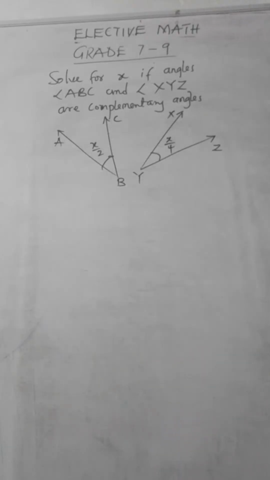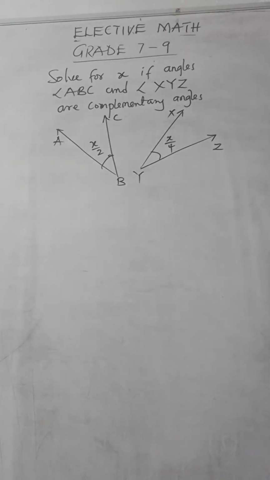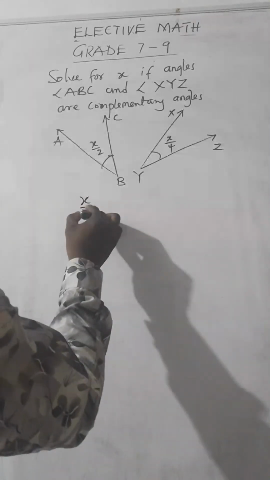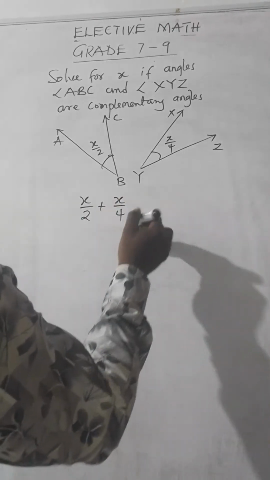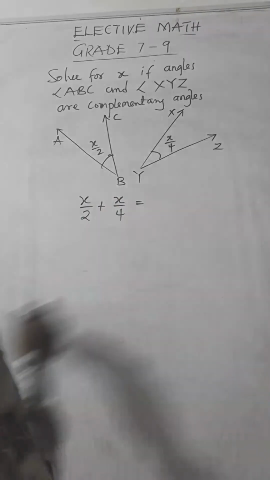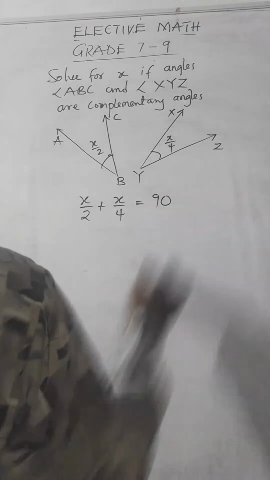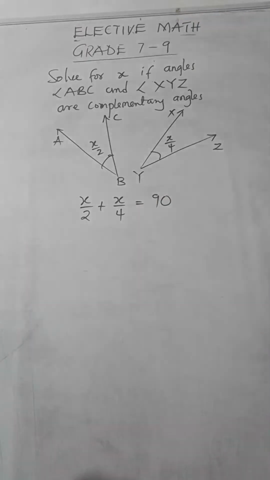So with this one, if they are complementary angles, it means that they sum up to 90 degrees. They sum up to 90 degrees. Okay, so you have x on 2 plus x on 4 equals 90 degrees.